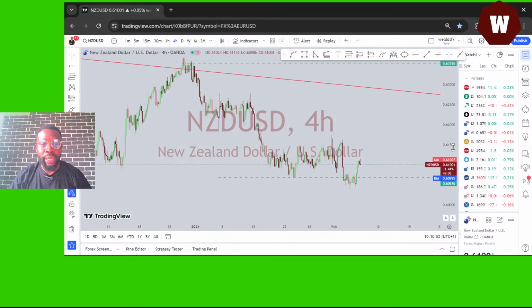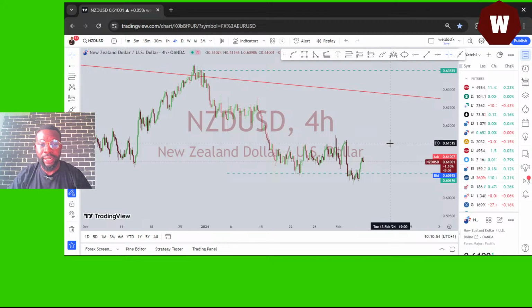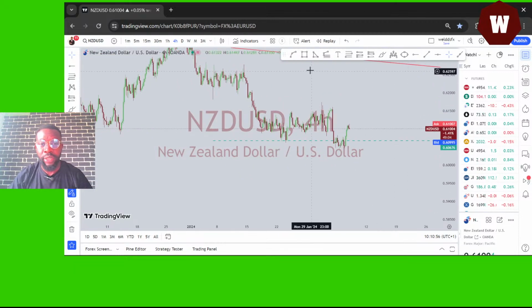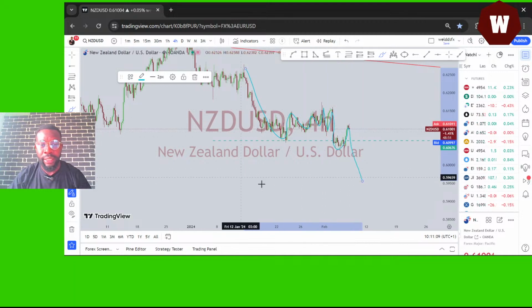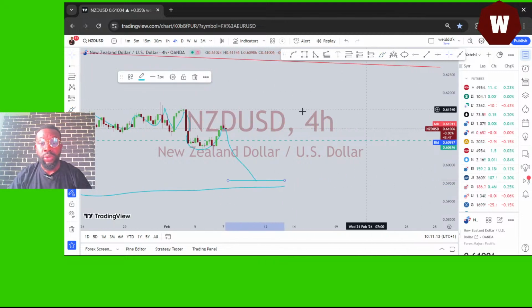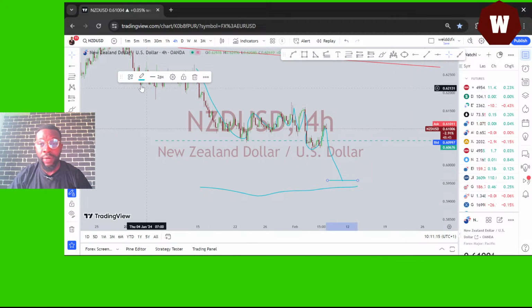You can see here that this market is trending down, in a downtrend on the 4-hour time frame. So market pushed down, went up for some time, then pushed down, went up, pushed down there. So I'm expecting to sell this currency pair also. So this is on the 4-hour time frame.